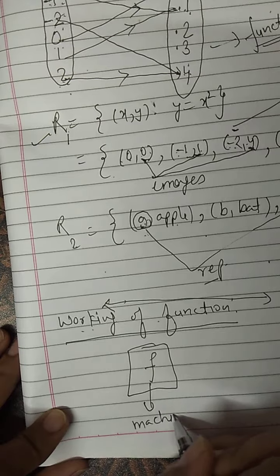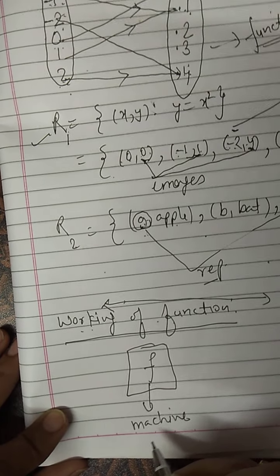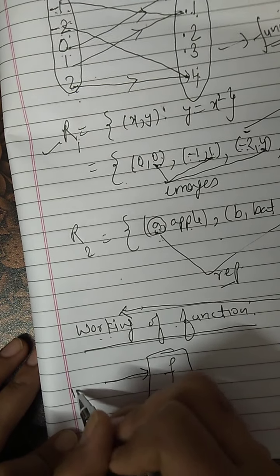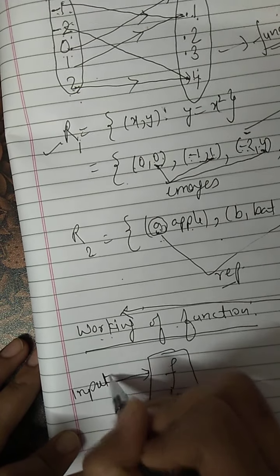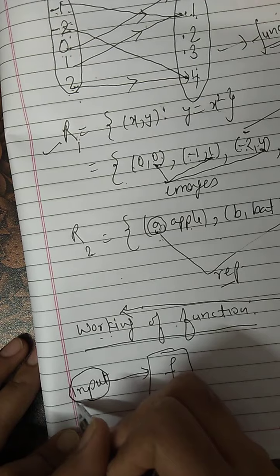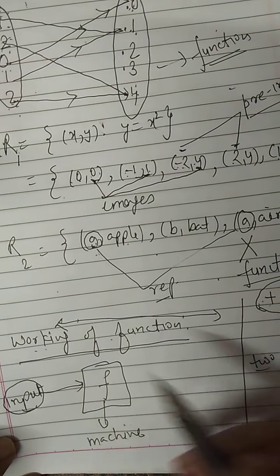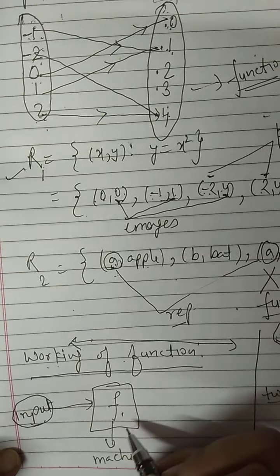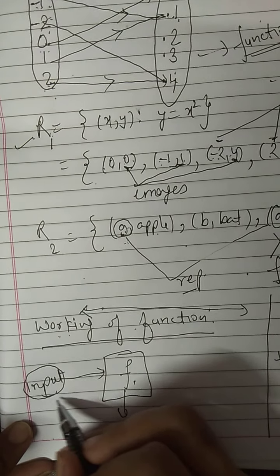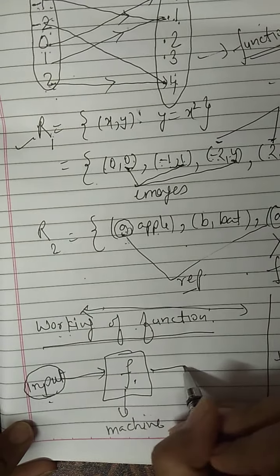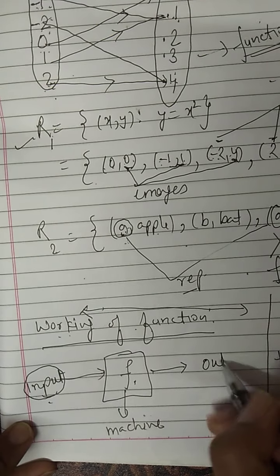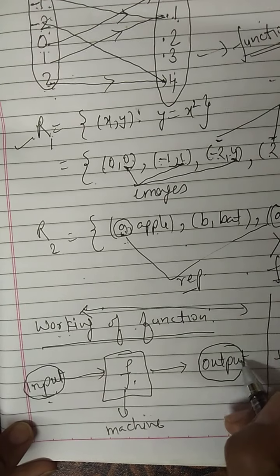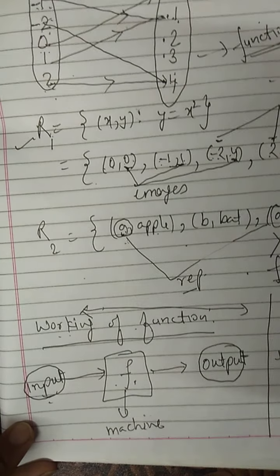So what does a machine need? A machine needs an input. So I should give some input to the function, which is a machine. And now this function f, since it is a machine, will work on the input and give us the output. So we get the output once the input is given to the function, right?